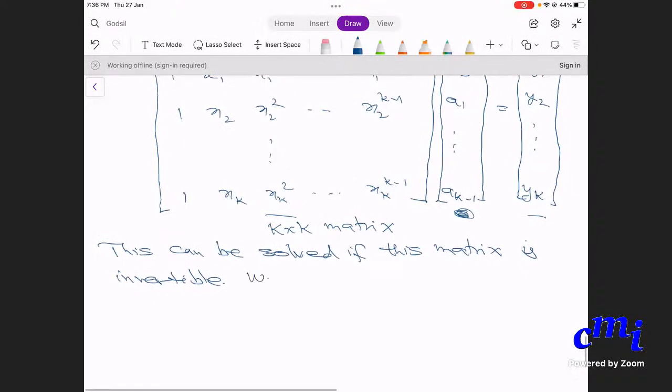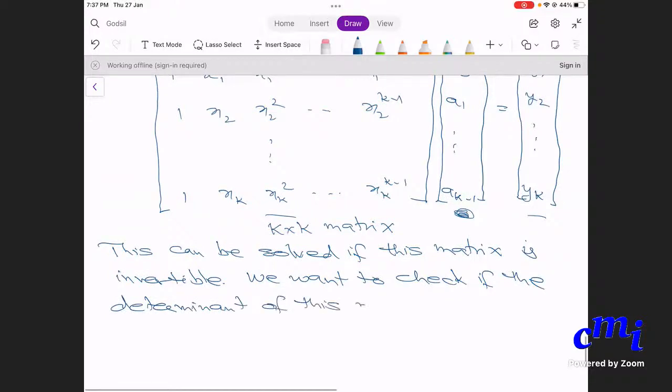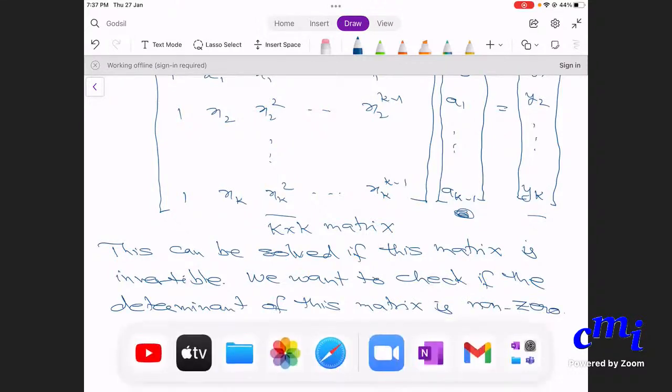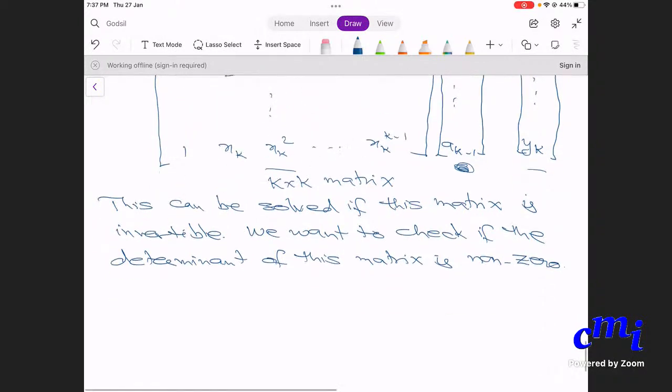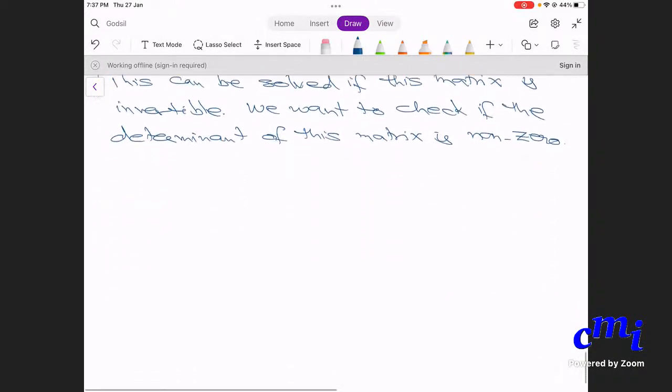So we want to check if the determinant of this matrix is non-zero. And of course, we are all aware that this is the so-called Vandermonde determinant.